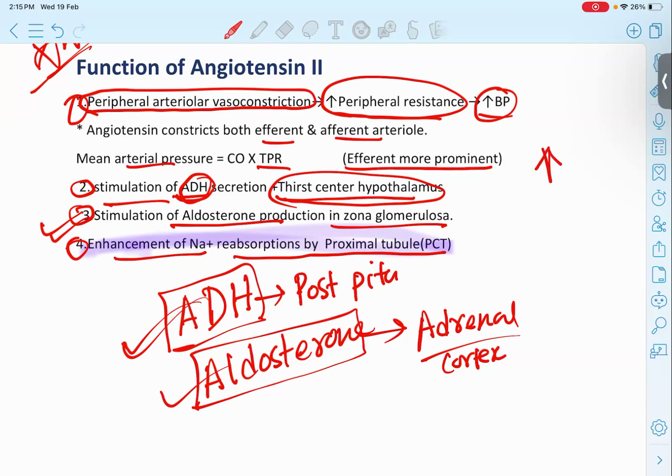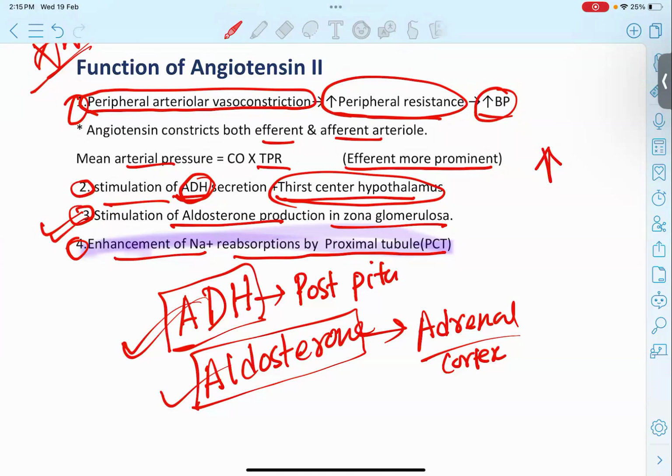Whatever angiotensin is doing, it is increasing the blood pressure, either by increasing the peripheral resistance through vasoconstriction; by stimulating ADH secretion, water reabsorption; by stimulating the thirst center, water intake; by stimulating aldosterone, water and sodium reabsorption; and also by enhancing the sodium reabsorption in the PCT.